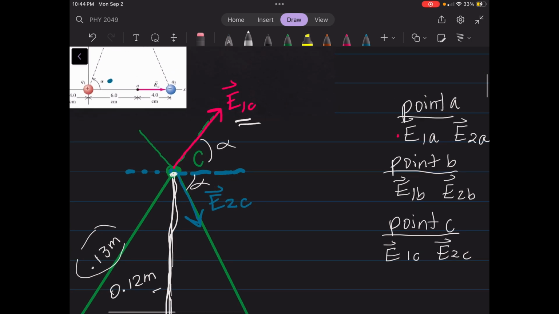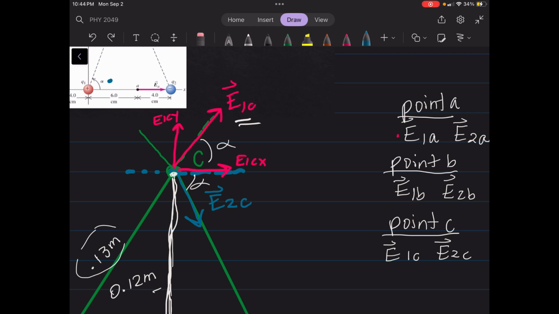Right, let's illustrate that real quick. The X component of E1C is going to be right here, and the Y component will be like this. And then the X component of E2C will be right here, right on top.